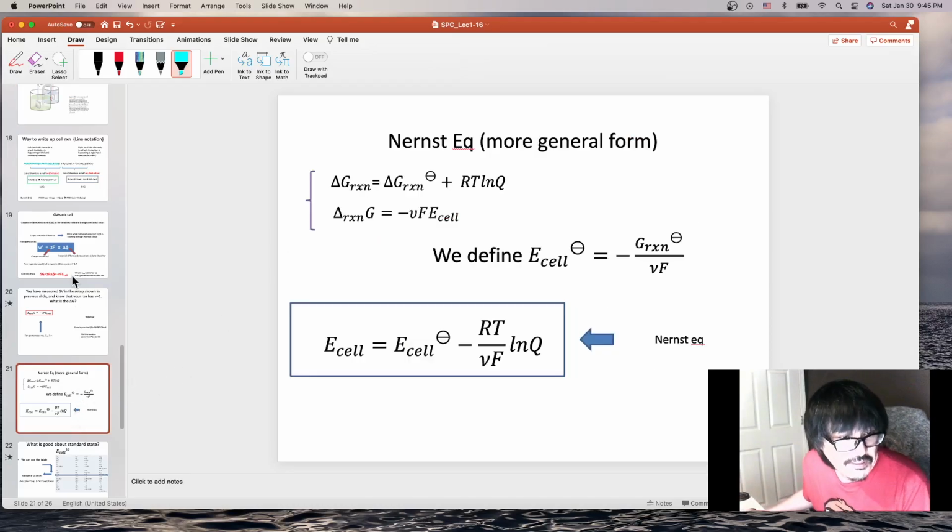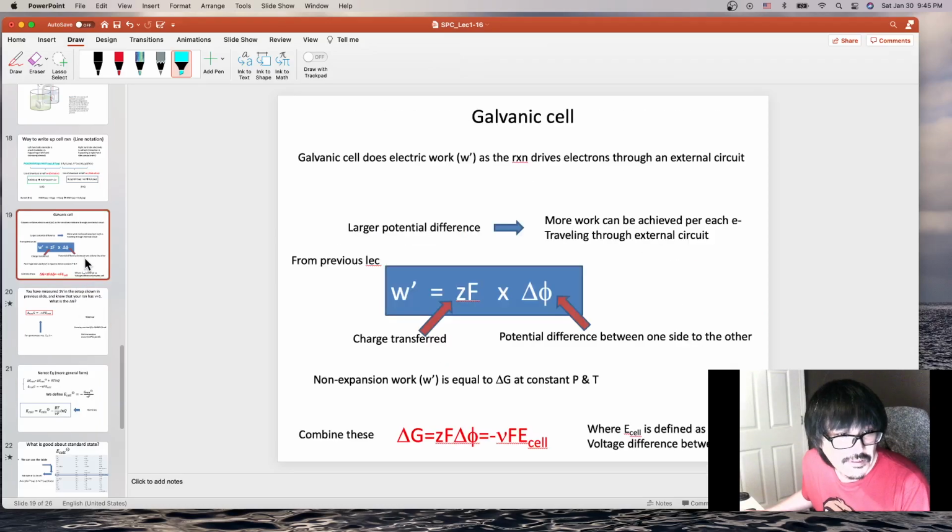So you can convert this equation in terms of the electrons. So the non-expansion work at constant temperature and pressure, the delta G, is equal to this, but that's also equal to the negative nu F E cell.